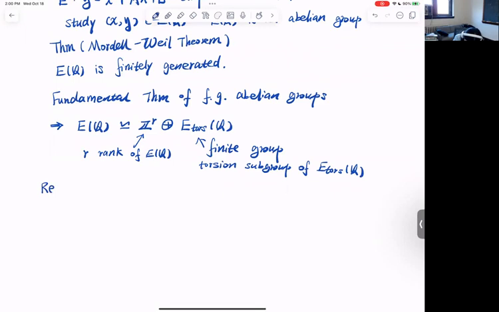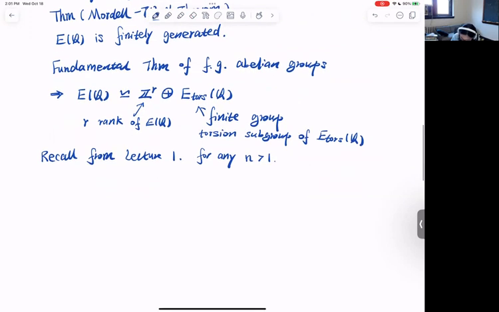So recall from previous lectures, I guess this is really lecture 1, that for any positive integer n greater than 1, if I look at the n-torsion of E over Q-bar, this is isomorphic to (Z mod nZ) squared, right?